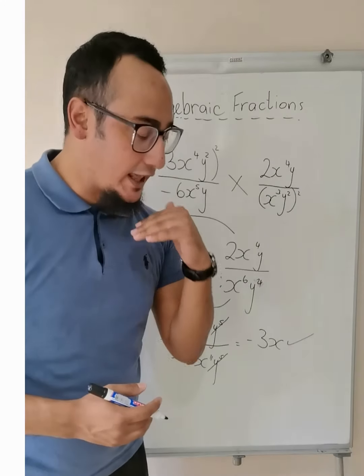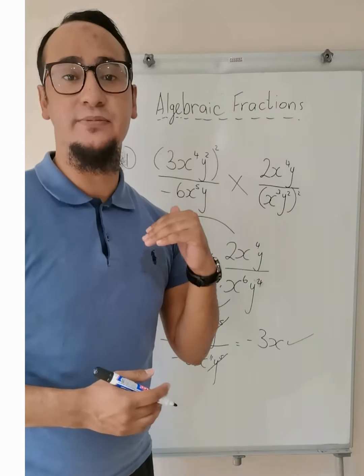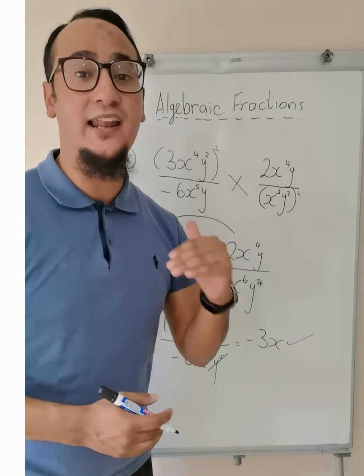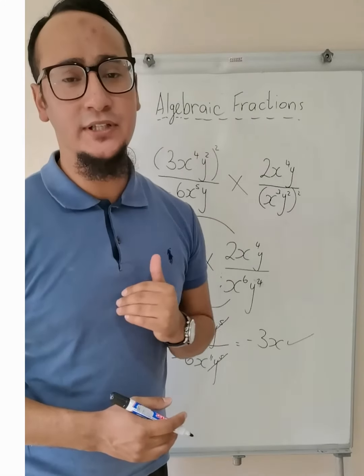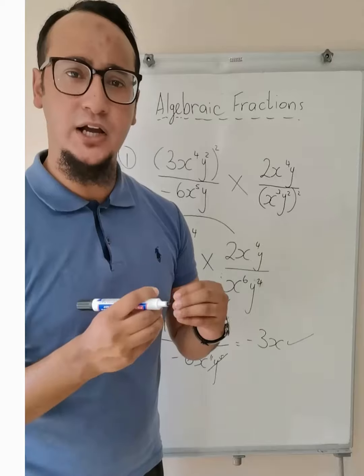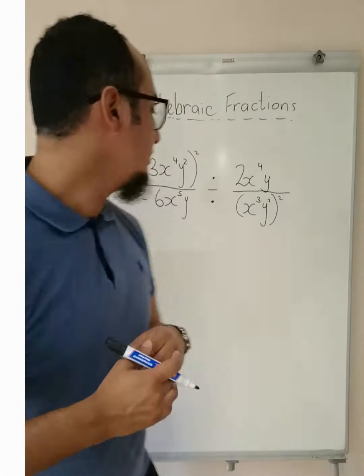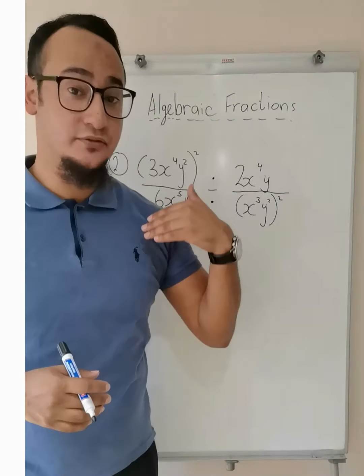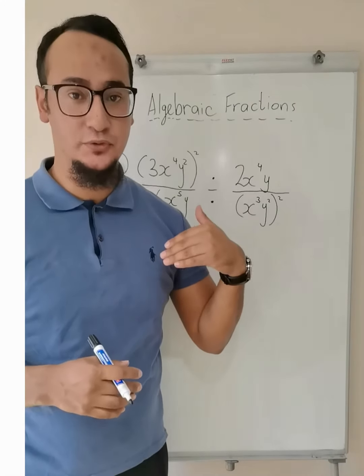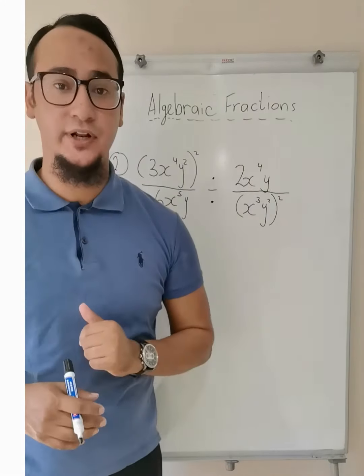Remember, it happens with all your laws of exponents. You need to know them in and out. Let's try example number 2 and let's see if our answers match. So in this example, I have the same question. The difference is I'm dividing the two fractions.